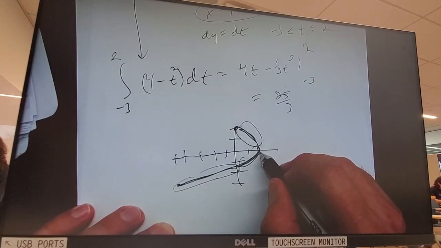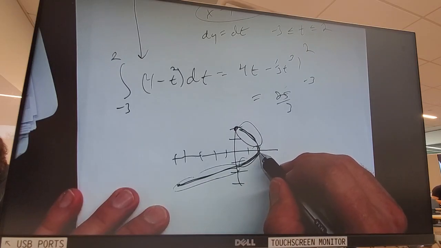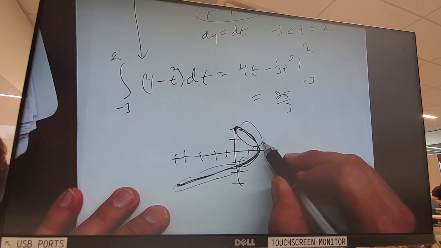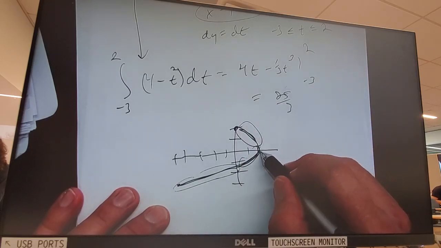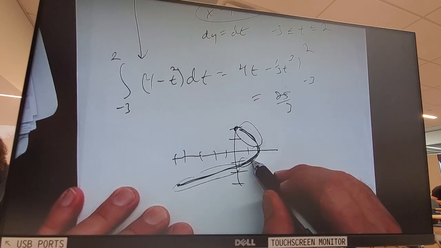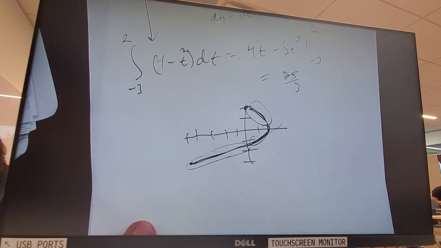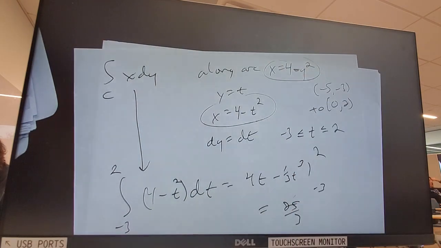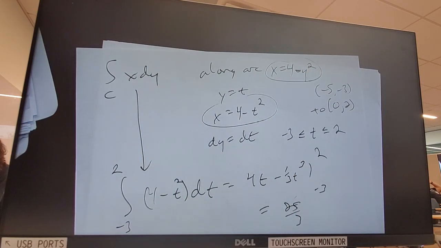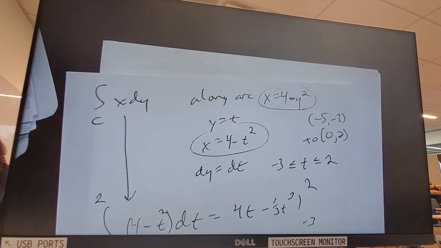When y is 2, x is 0. Oh, I see, I'm not thinking, this should go further. So if I graph this a little bit better, then you'd see it was longer on the x positive side.